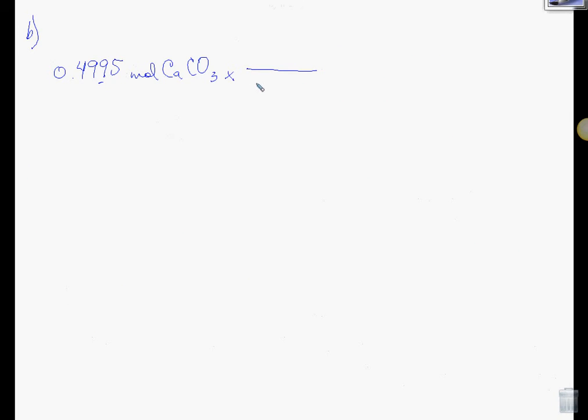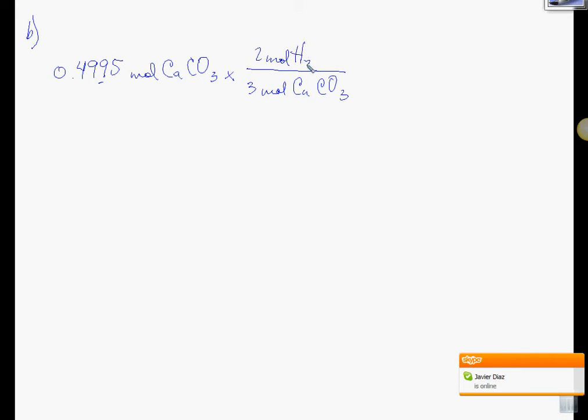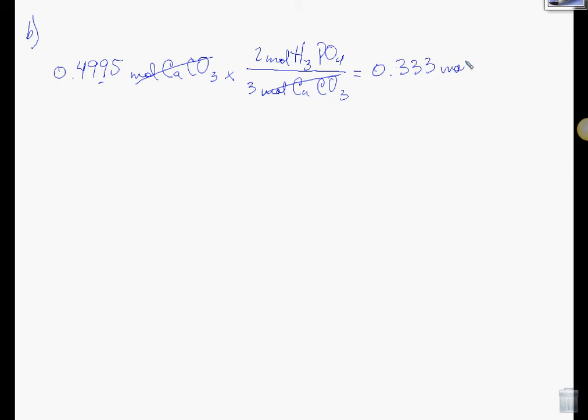So we write that as our conversion factor. So we cancel these and we compute 0.4995 times 2 divided by 3, and we get 0.333 mole of phosphoric acid is going to react with this amount of calcium carbonate.